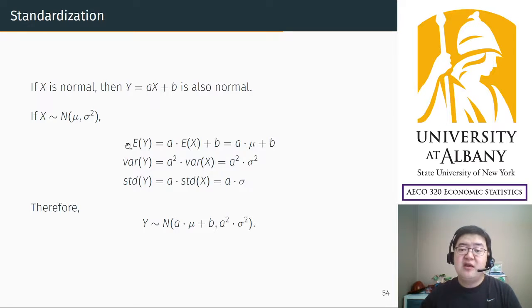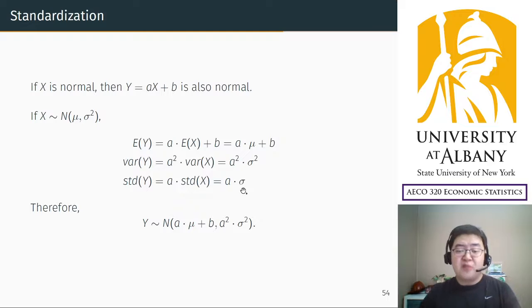The mean equals a times mu plus b. Just plug mu into the mean, and the variance is a squared sigma squared, because the variance of x is sigma squared, and the standard deviation is simply a times sigma.